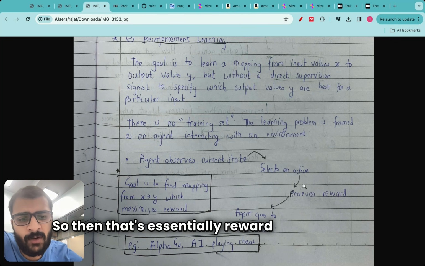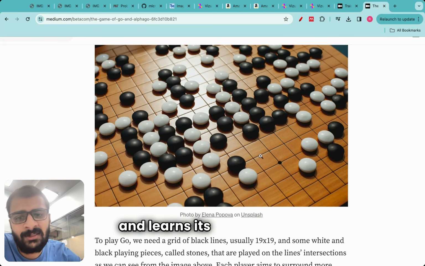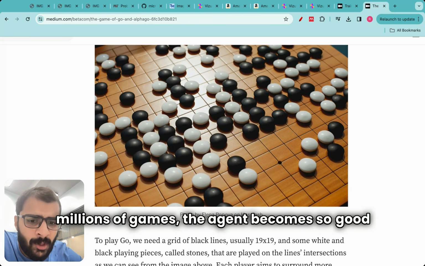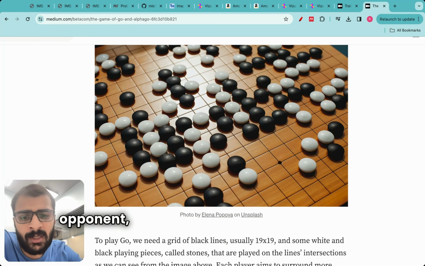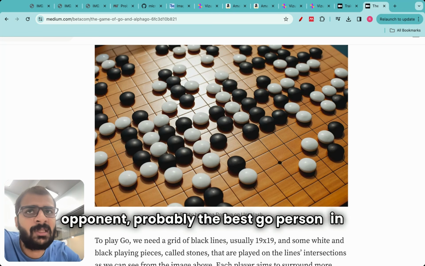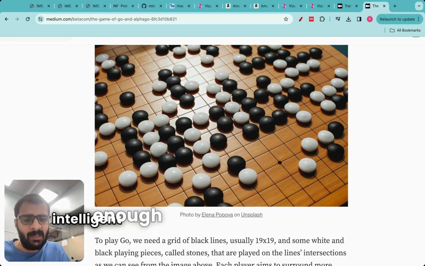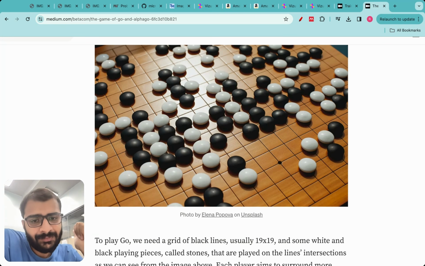So that's essentially the reward for that agent. And then the agent modifies and learns its new strategy. It turns out that when you train an AI on millions of games, the agent becomes so good that if it is placed in any new environment with a new opponent, probably the best Go player in the world, it has trained on millions of games so that it's intelligent enough to know exactly how the new environment behaves.